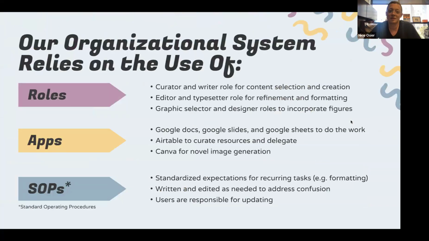The crux of our organization system really relies on the division of undergrad volunteers into specific roles. We have a role for content curators and writers, people who look at existing content through available OERs for possible inclusion, making sure we give credit to the original author, and people who write novel content.